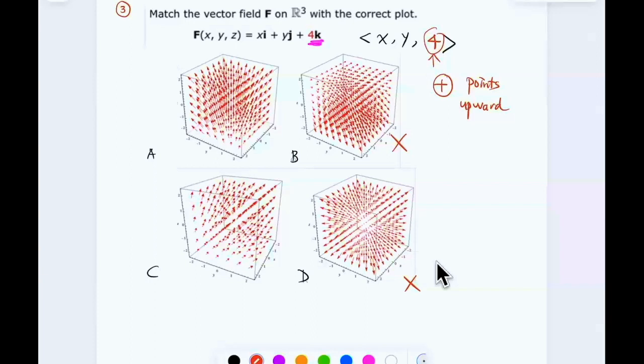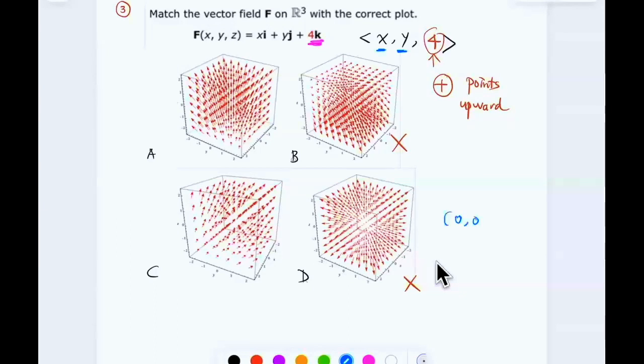Very good. So let's think about it. Andrew has the idea: you plug in, say that one more time. If you plug in 0 for x and 0 for y, you should have the vector field pointing straight up the middle. Good. So he starts plugging in the point 0, 0.